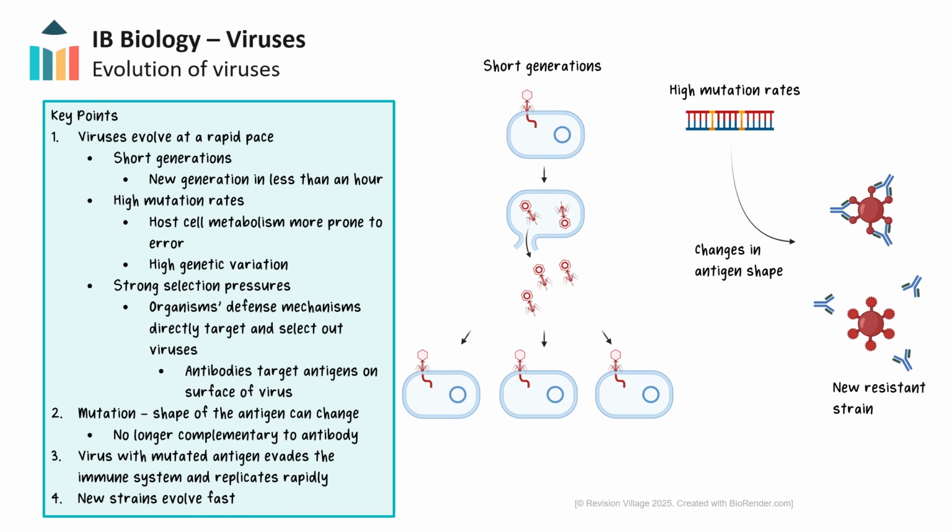The virus with the mutated antigen evades the immune system defenses and reproduces rapidly, while the virus with an unmutated antigen can be quickly destroyed by the immune system, preventing its replication. The unmutated virus is selected out of the population, while the mutated virus replicates rapidly, producing the next generation. This is how new strains of viruses can evolve relatively quickly.